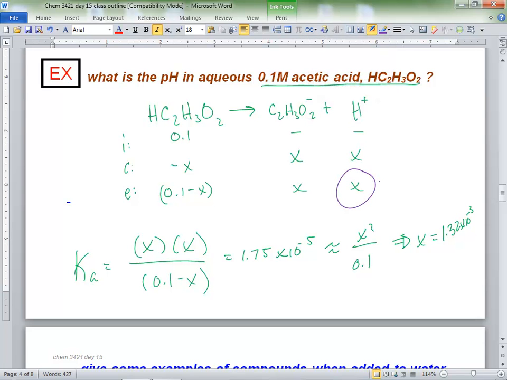That is the hydrogen ion concentration. So my pH will be the negative log of 1.32 times 10 to the negative 3. And you got what? 2.88. Okay. Sound good?